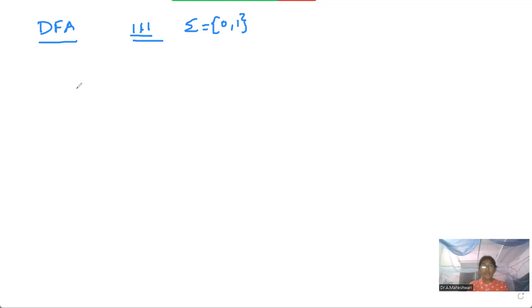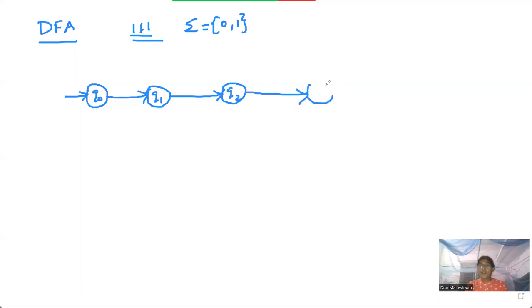So first check how many input symbols we have for our constraint. 3 input symbols, right? So you have to draw n plus 1 states. 3 means you have to draw 4 states. So I'll take it as Q0, Q1, Q2, and Q3.